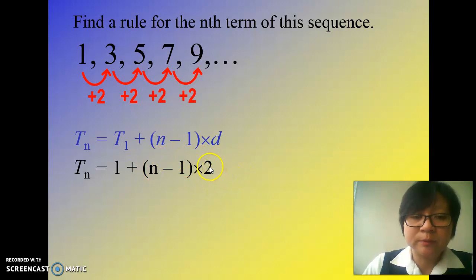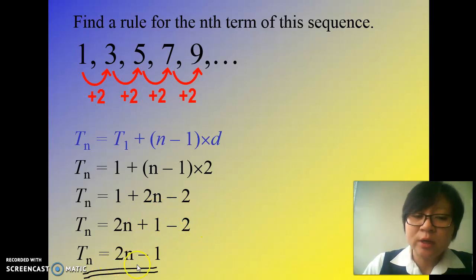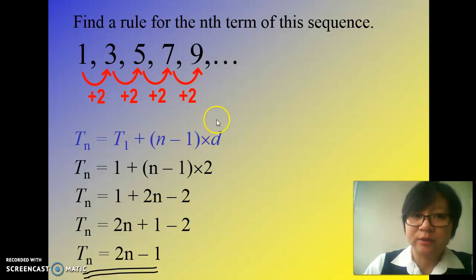So you need to multiply 2 by n and then multiply 2 by -1. After that, rearrange, put the 2n in front of the constants and then simplify. So the nth term is 2n minus 1. This is the example to find the nth term.